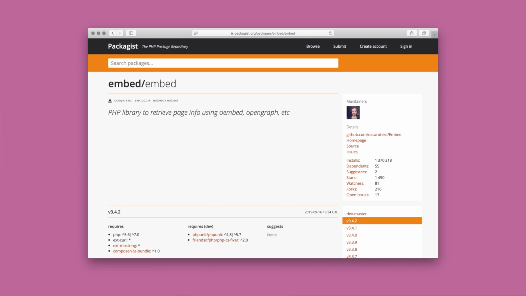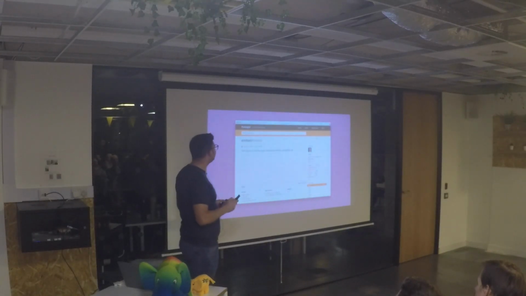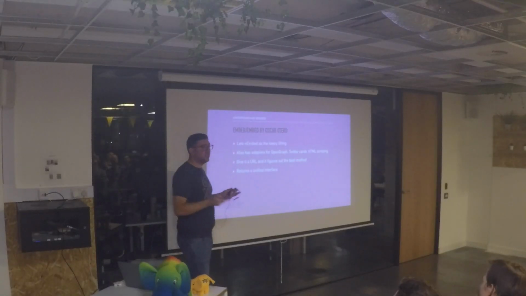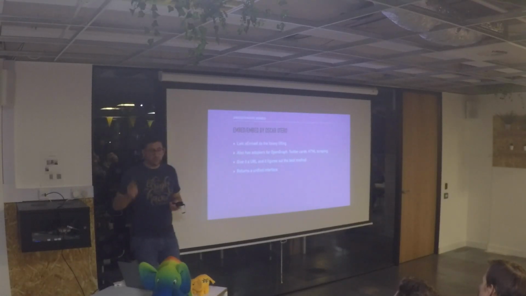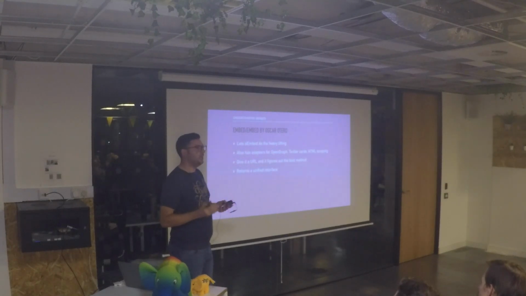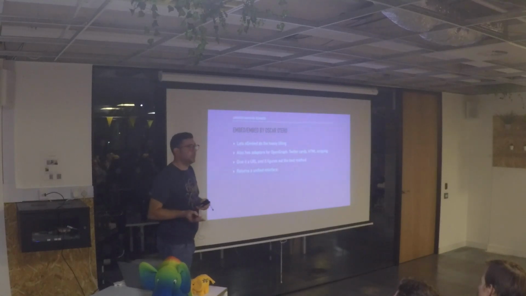But there is a solution. There's this package on Packagist called oEmbed. They're very creative with the naming of that one. It's by Oscar Otero, or Otero, I'll go with. And what this does is it supports oEmbed. So you give it a URL, and it will use oEmbed to parse the page at the end of that URL to find out if there's support. That is, unless it happens to know about the site that you're requesting. If it recognizes the domain, so if it recognizes it's twitter.com, it's got adapters in there to deal with Twitter particularly.